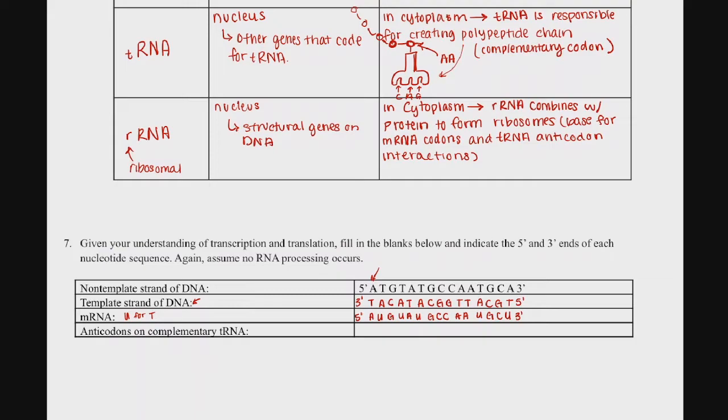Alright, and then the anticodons. We're splitting this up into 3s. I'm just going to highlight every other one.